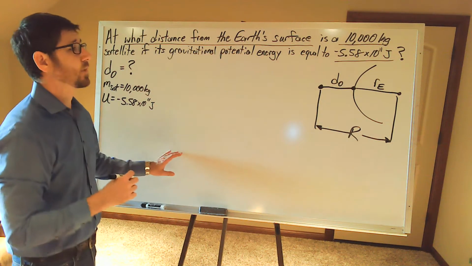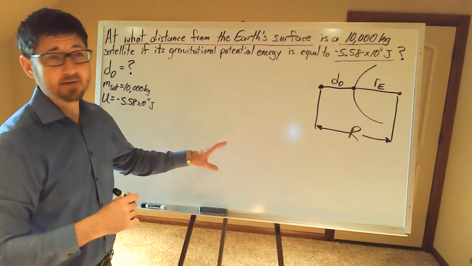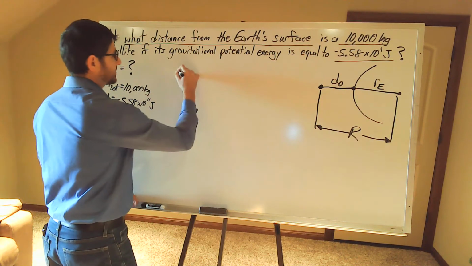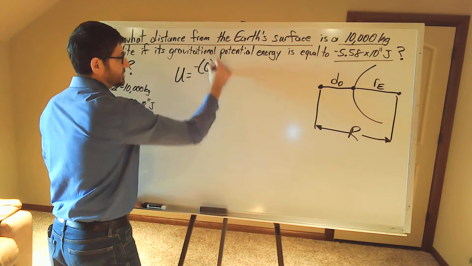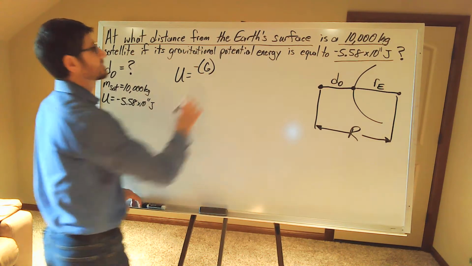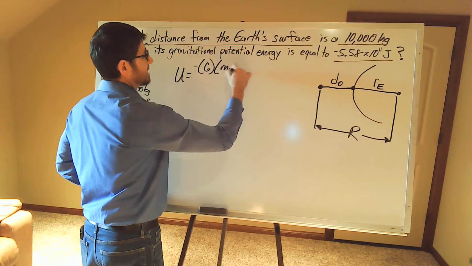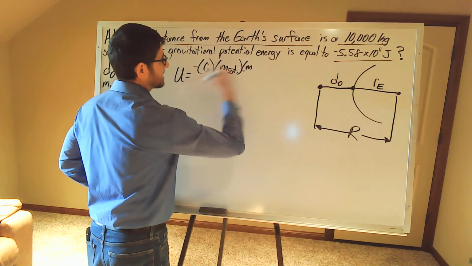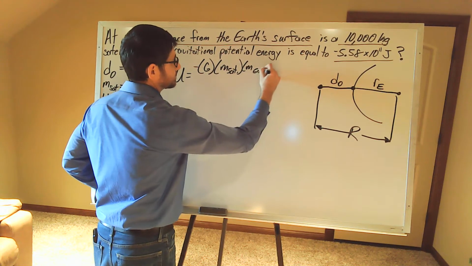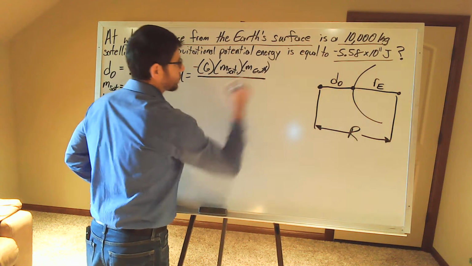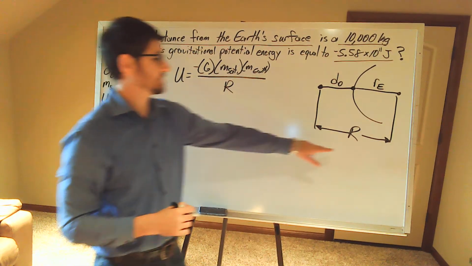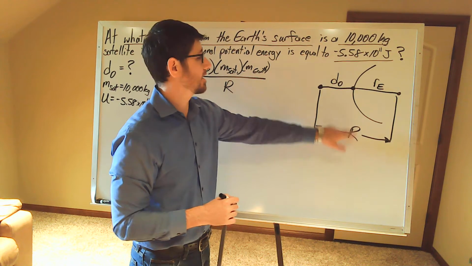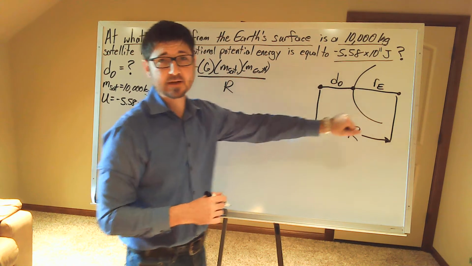Now, our base equation for the gravitational potential energy is U equals negative universal gravitational constant times the mass of the satellite times the mass of the Earth, and we're going to divide this by R. Now earlier I mentioned R is the sum of the altitude and the radius of the Earth.